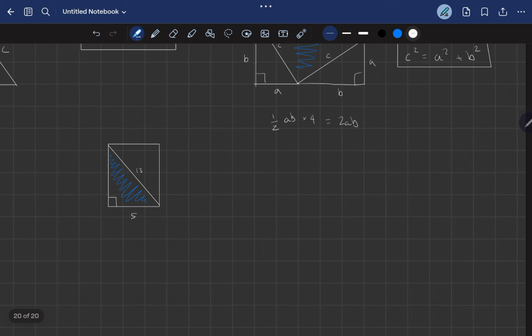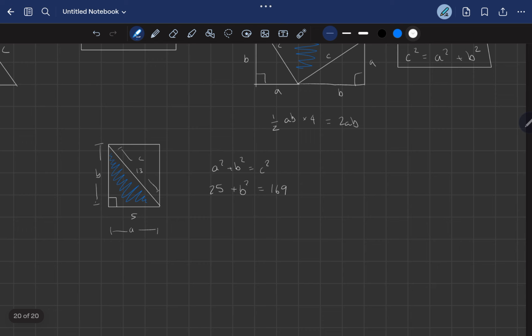Well, we know that a squared plus b squared equals c squared. So let's fill in everything that we know. A squared is 25, plus, just leave that as b squared, is equal to 13 squared. Now 13 squared is 169.